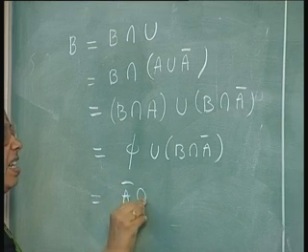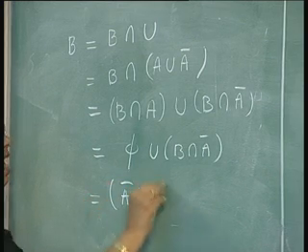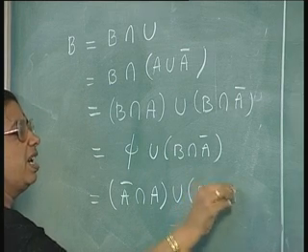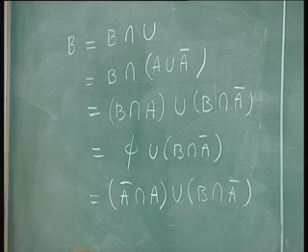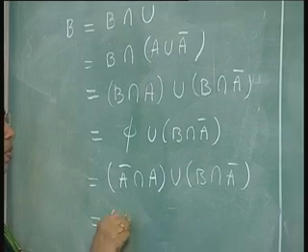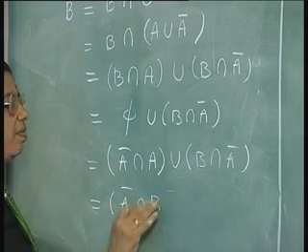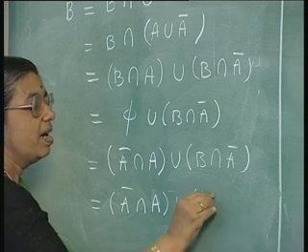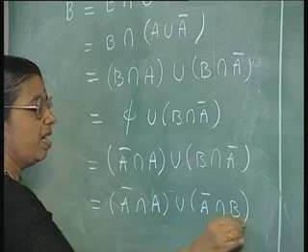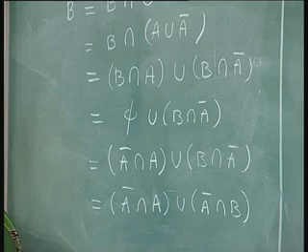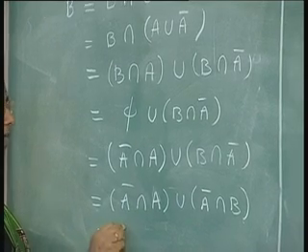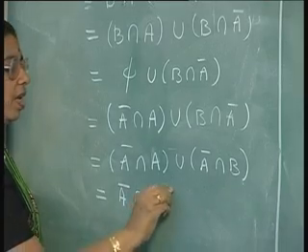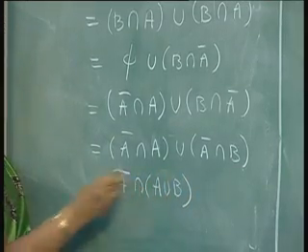And this you can write as A bar intersection B, or if I use commutativity, A bar intersection B union A bar intersection A, and using the distributive law the other way around, this is A bar intersection A union B. But what is A union B?